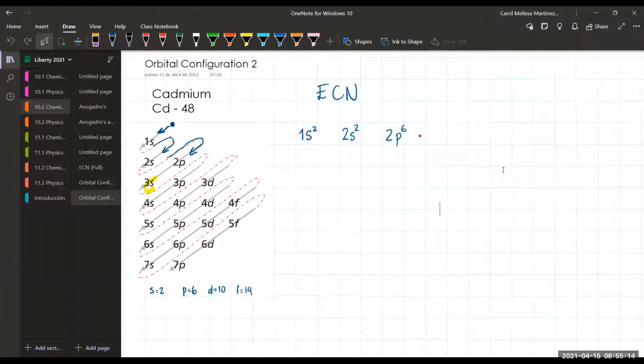3s2 and then 3p6 and then 4s2. So I say 3s2, 3p6 and 4s2.